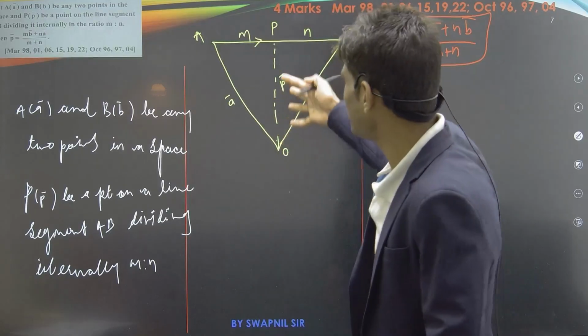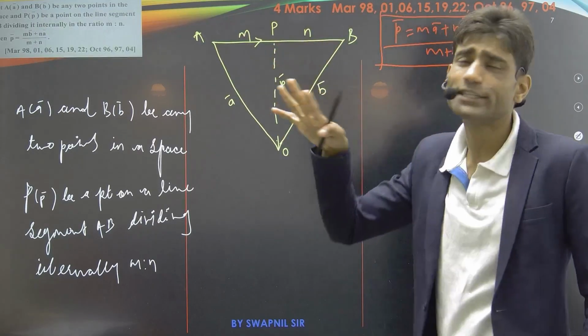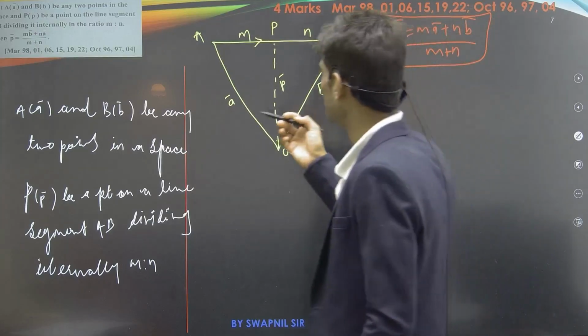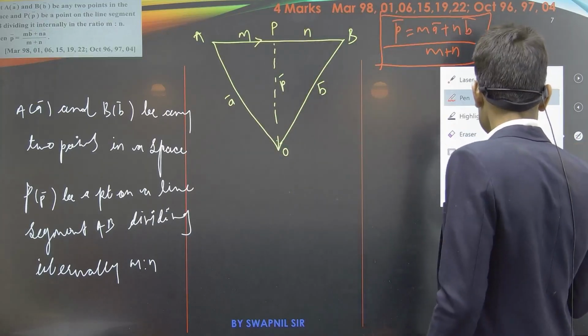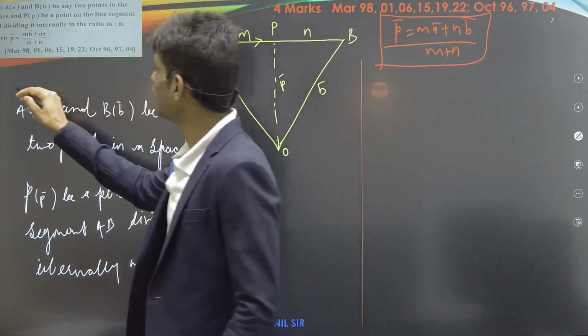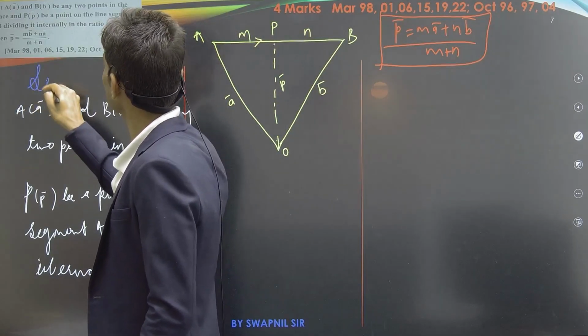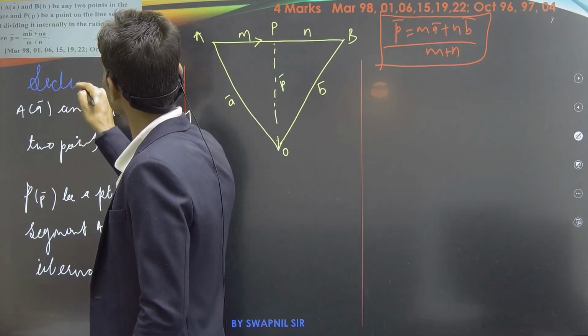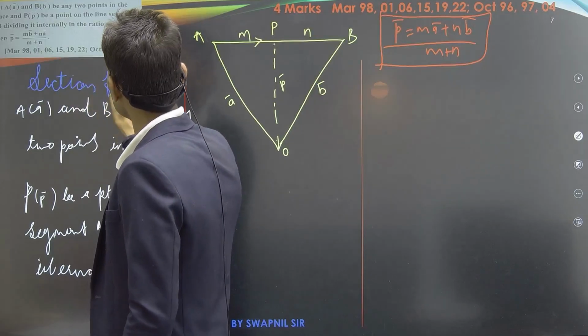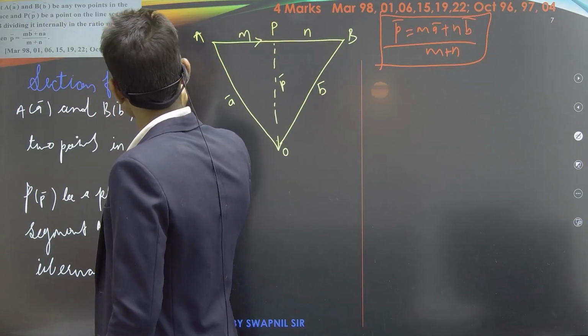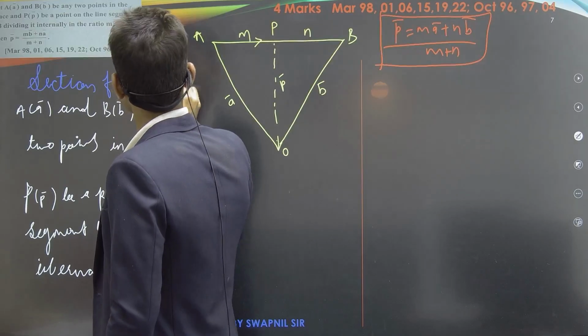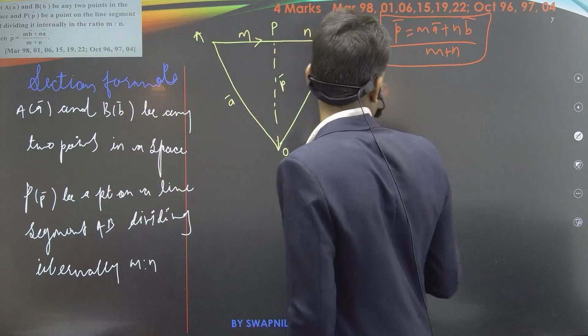So this one is a standard theorem, the section formula for internal division. What is this formula? This is the section formula for internal division.